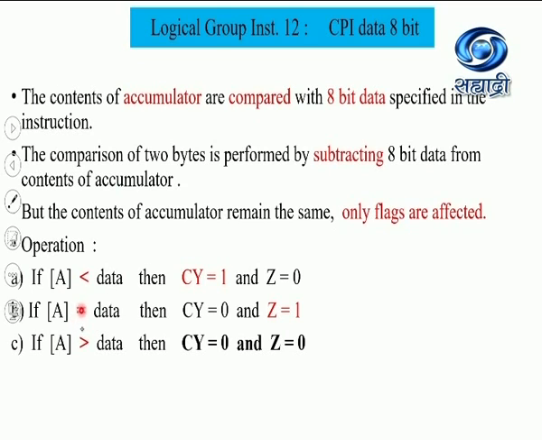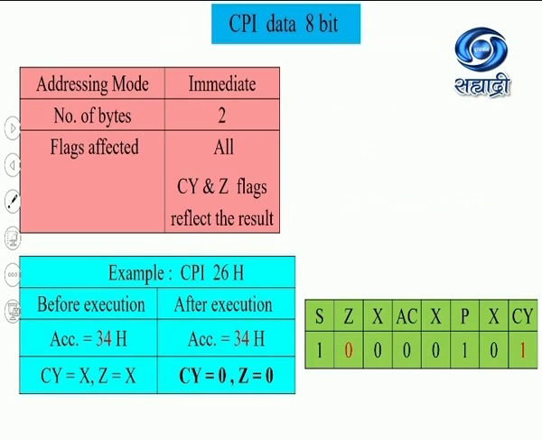If contents of accumulator are equal to data specified in the instruction, then Z flag is set and carry is 0. If contents of accumulator are greater than data, then carry is 0 and Z is 0. Addressing mode immediate, number of bytes 2, all flags affected, carry and Z flags reflect the result.